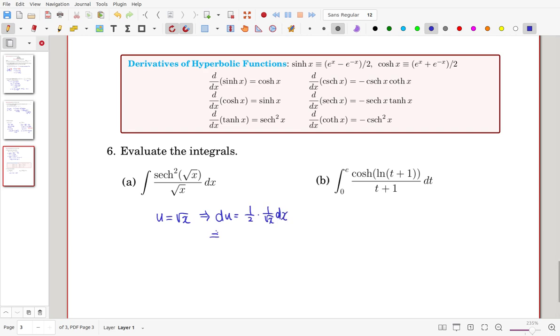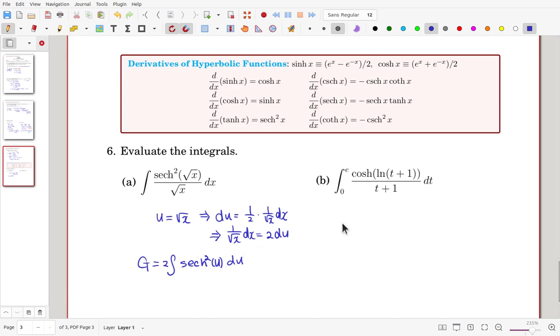So we can rewrite that 1 over square root of x dx is the same as 2 du. With that, the given integral can be written this way: sech squared of u, and the other part is twice, let's put 2 outside, du.